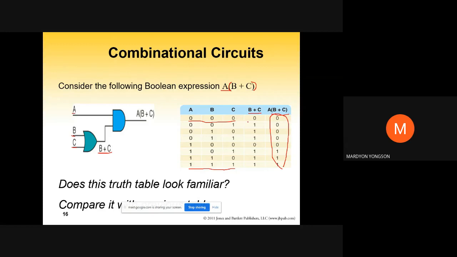And so makikita nyo, ita-times pa natin sa A. So 0 si A, 0 si A, di ba? Since may zero dito and multiplication, nagiging zero siya. Di ba sa multiplication sa AND gate, as long as may zero, zero, since merong zero yung A, kaya zero yun dito. And then dito sa next, 1 times zero, kaya zero pa din yung answer.